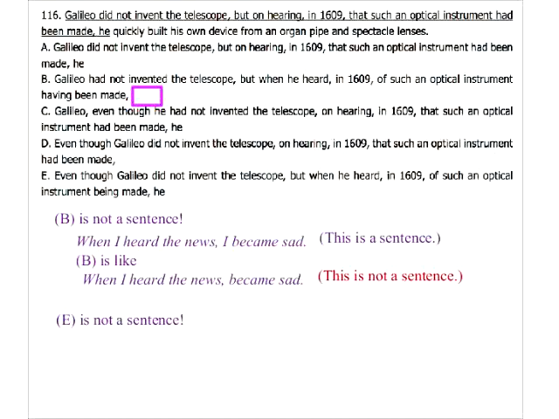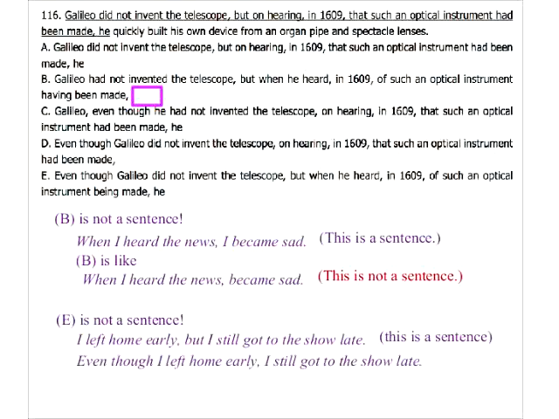For example, if you say, I left home early, but I still got to the show late. That's a sentence. And if you say even though, you could have the same idea: even though I left home early, I still got to the show late. That's also a sentence.